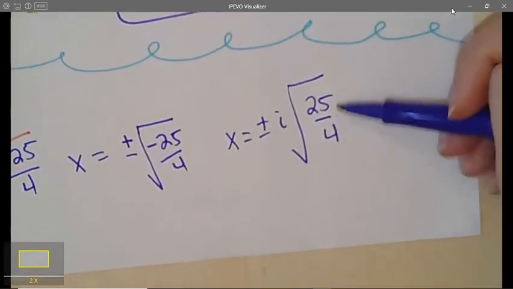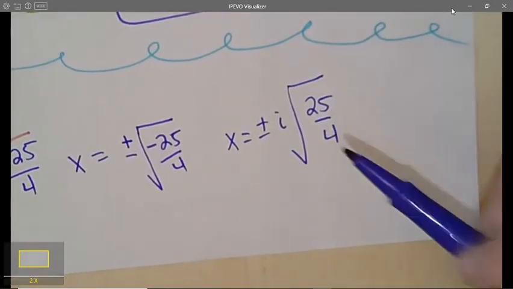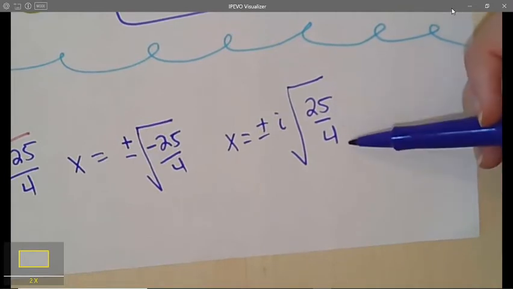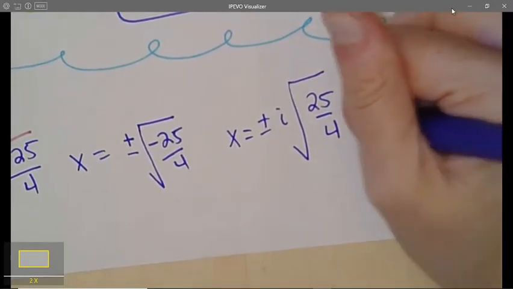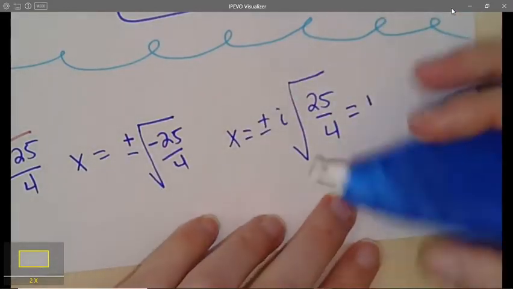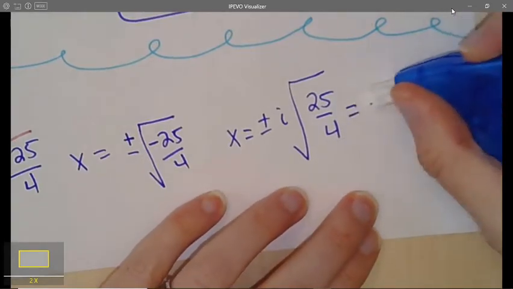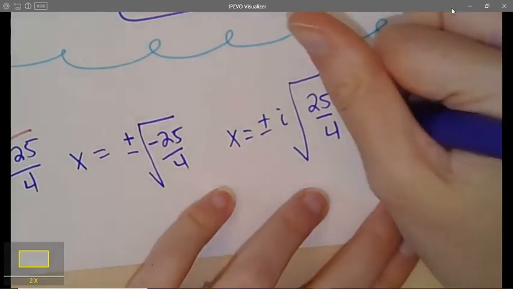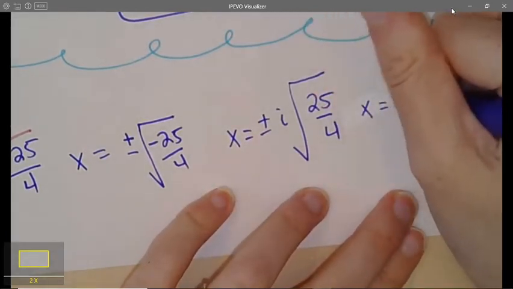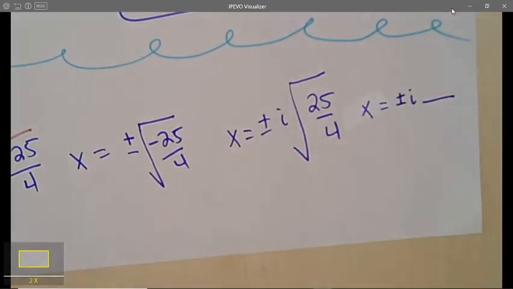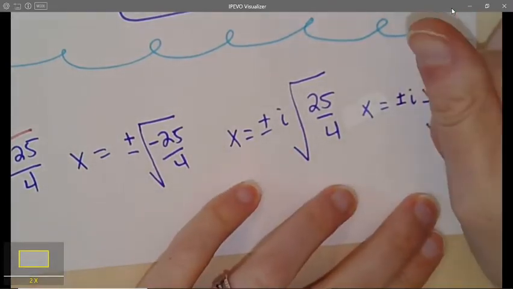Okay, so I can't reduce down this fraction, but I do notice that I can square root the numerator and denominator. So don't forget, this is the same thing. Hold on, I shouldn't have done that. It's not wrong to write it that way, but I want to keep writing it with x equals. So I'm going to write it like this: x equals plus or minus i, and then I'm going to square root the numerator and the denominator.